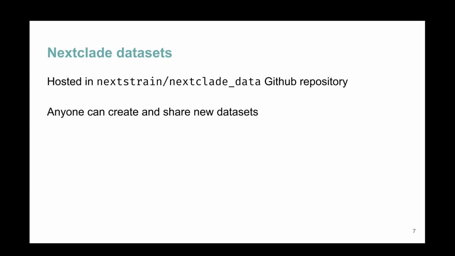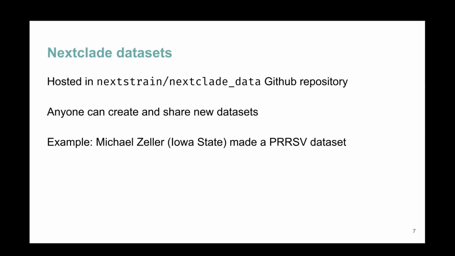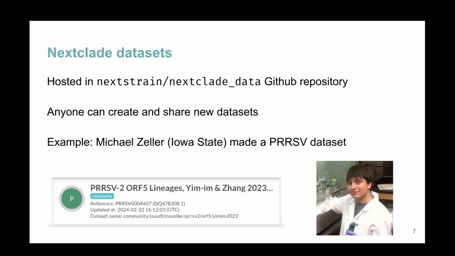And we found out because we saw that there was traffic from an Iowa State URL, and later on we invited him to submit his dataset to the index, and now it's available there. So now if you want to analyze PRRS sequences, you can just upload the sequences, and you will get that dataset suggested as a dataset that fits the sequences.